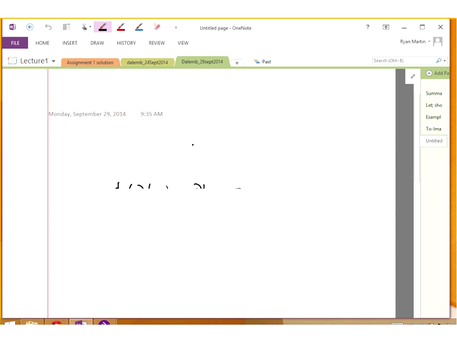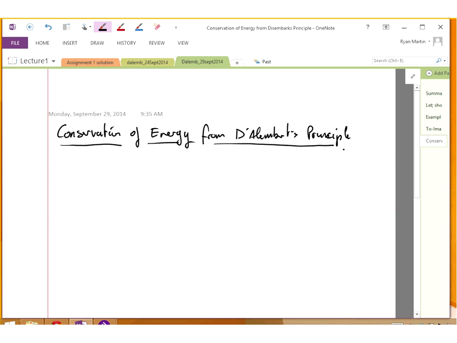So now let's look at how conservation of energy arises from D'Alembert's principle. Let's restrict our case again to when we have conservative forces.